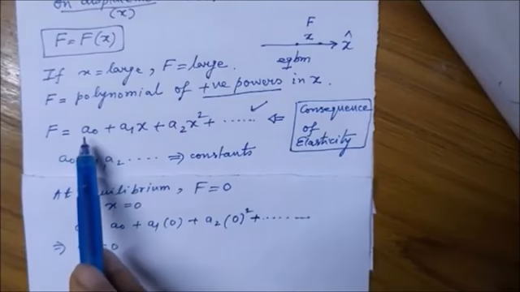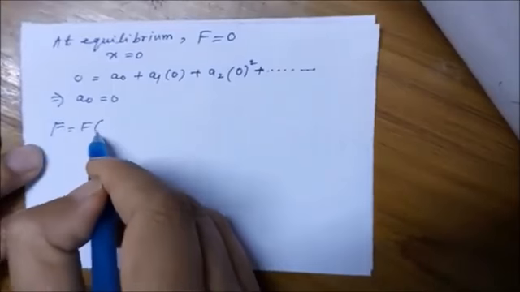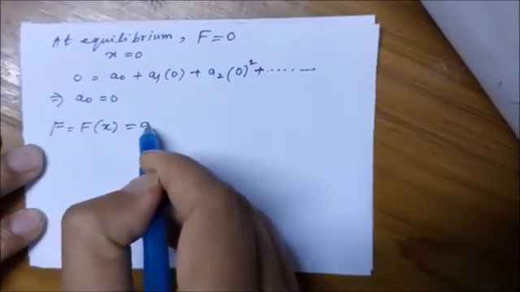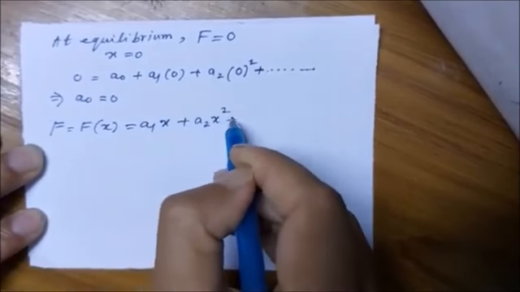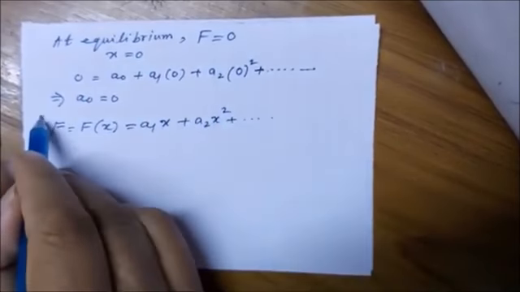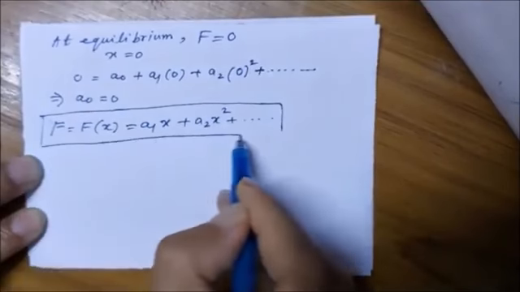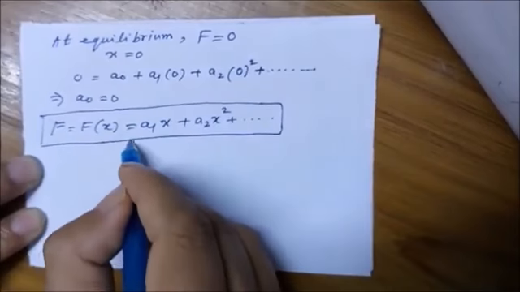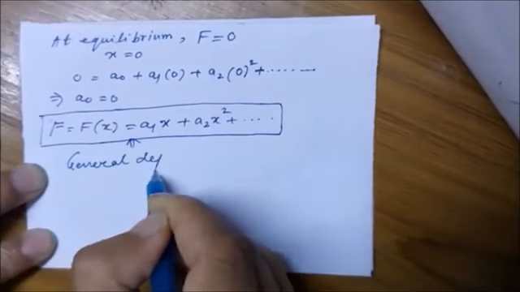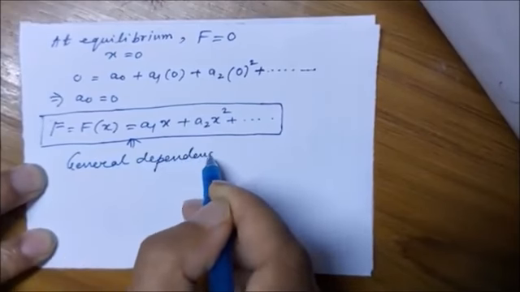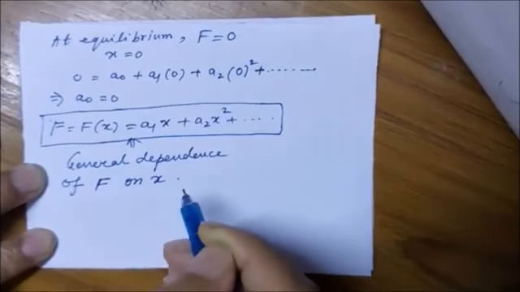So putting a0 equal to 0 we get: this is the general dependence of restoring force F on X, the displacement.